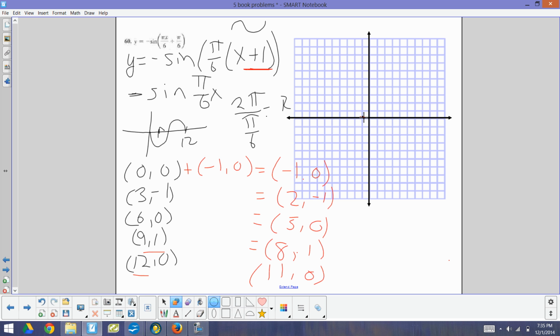And I have 2, negative 1. And I have 5, 0. And I have 8, 1. Which is right about there. And then I have 9, 10, 11, 0. Might be right about there. That's outside of there. And then just graph what you have.